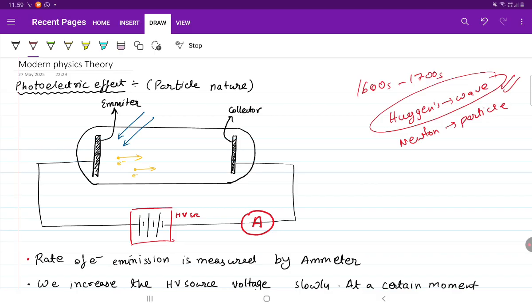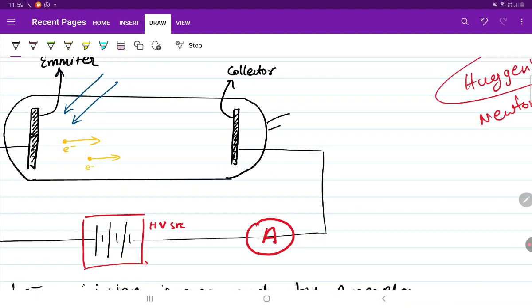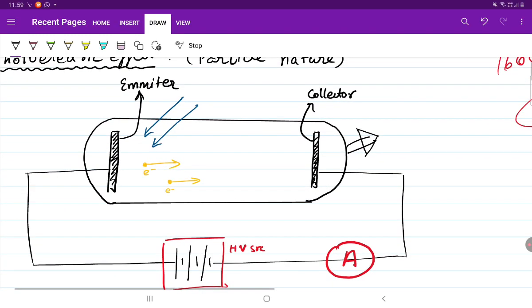First of all, an apparatus was set up to study it. The apparatus is a vacuum tube, which means the tube is almost evacuated. We generally use a vacuum pump to evacuate all the air out of the tube, so that collisions between the electrons and the air particles are negligible. We take an emitter and a collector.